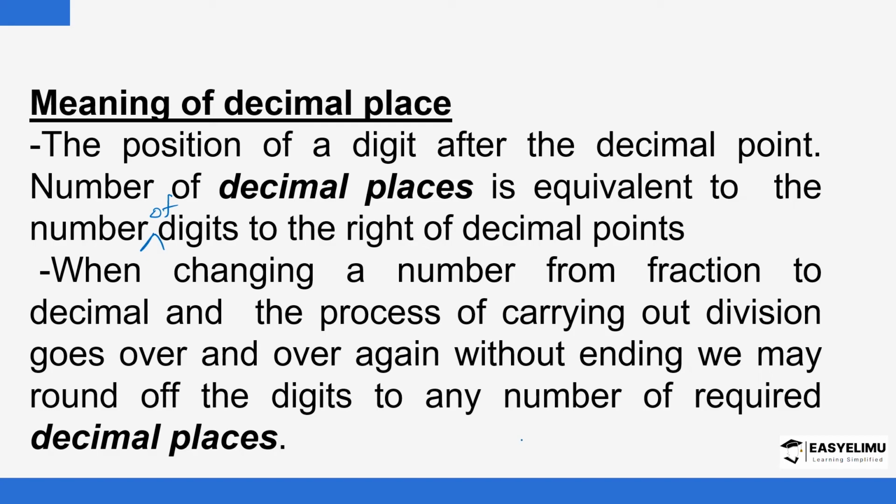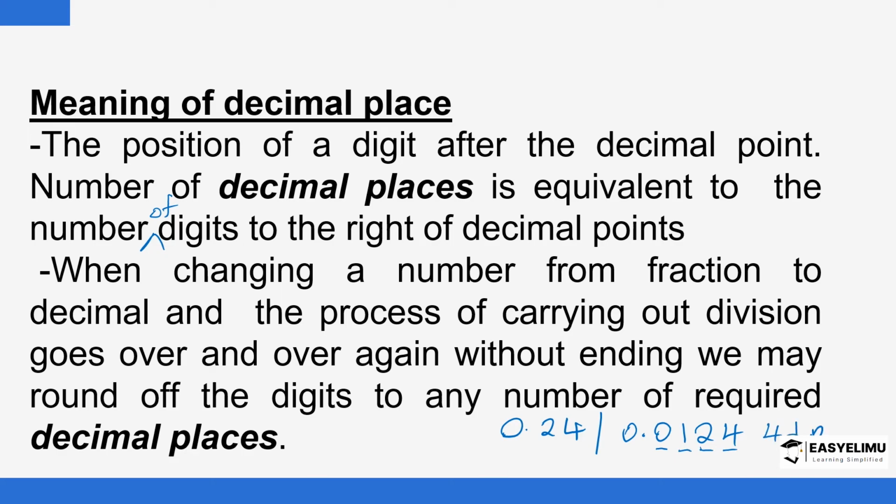So you can have 0.24. How many digits are there after the decimal point? 1, 2. So 2 decimal places. That's what you say. The number of decimal places is equivalent to the number of digits to the right of the decimal point. If you have 0.012, how many digits do you see after the decimal point? 1, 2, 3, 4. So these are 4 decimal places.